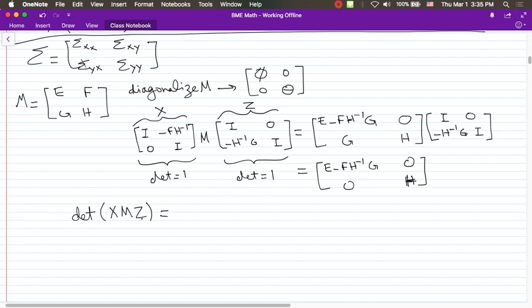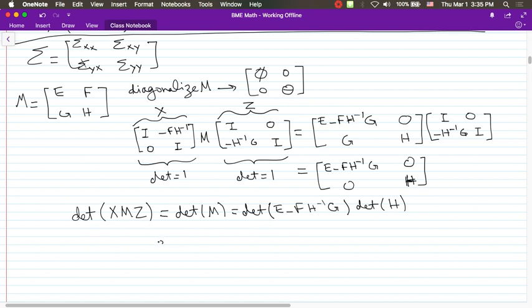Determinant of the first one and the third one are 1, so that's just the determinant of M, which is equal to the determinant of this first term, E minus F H minus 1 G, times the determinant of H. This is pretty cool. Look what I did.